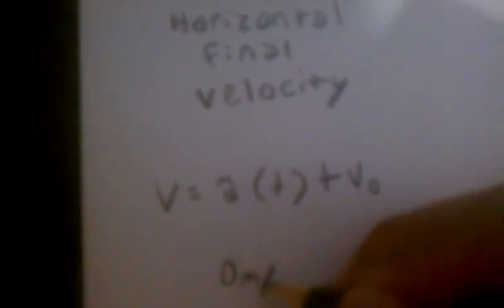Okay, so I'm going to start off with the horizontal final velocity. So we know that the horizontal acceleration is always at 0 meters per second squared because there's no constant force.